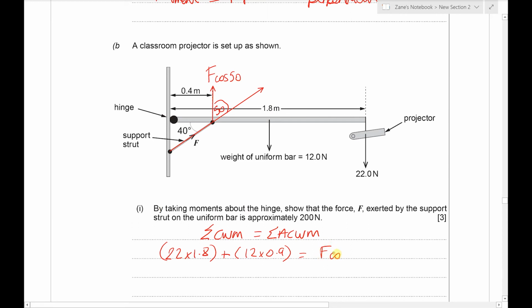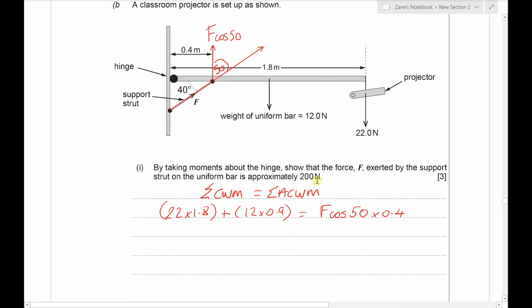Anti-clockwise, we've got our F cos 50, and that's at a distance of 0.4 meters from the pivot there. So a bit of rearrangement: F is going to be 22 times 1.8 plus 12 times 0.9, all divided by cos 50 times 0.4. If we put those numbers into a calculator, we end up with just over 196 newtons. So 196 newtons will be fine for our answer.